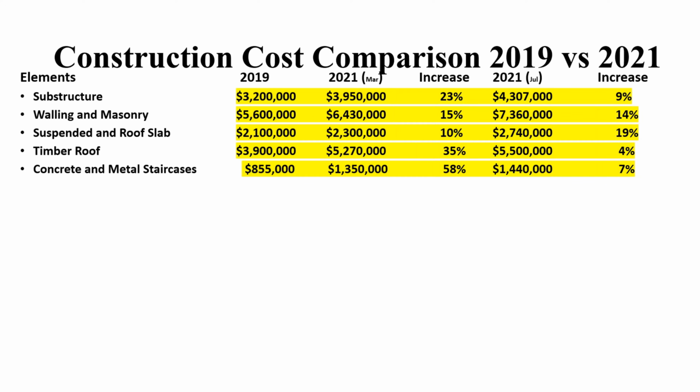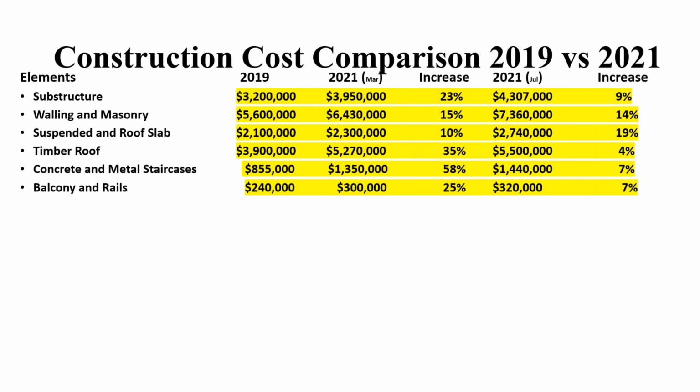Concrete and metal staircase, back in March we were at 1.35, now we are looking at 1.44. Again, steel and concrete has contributed to a 7% increase. Balcony rails, the same, 300,000 in March. Now July, 320,000, a 7% increase as well.